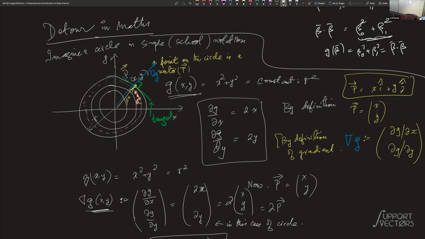So if I go along the curve, is G increasing or decreasing? Unchanged. It remains the same if you go tangential to the constraint surface.